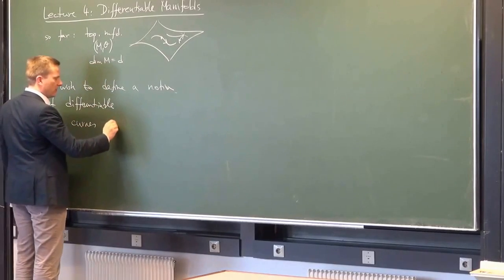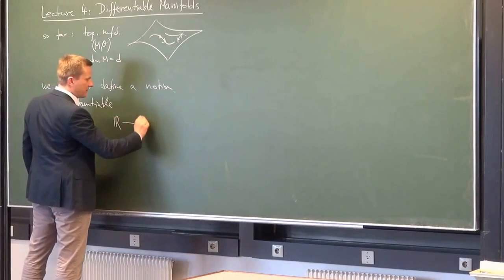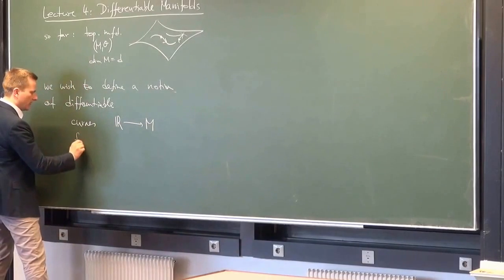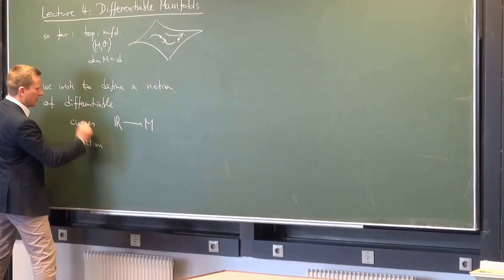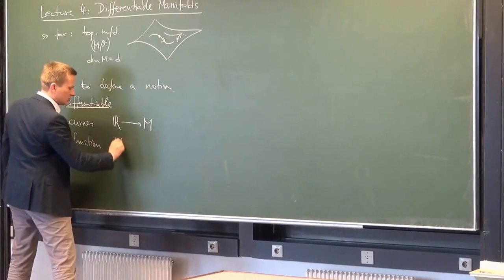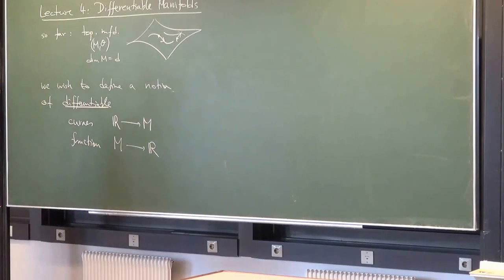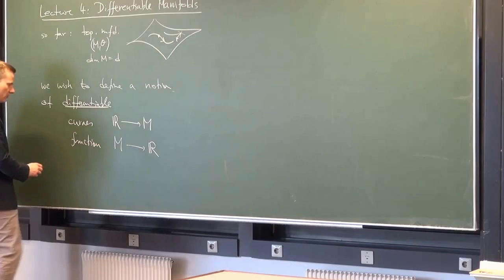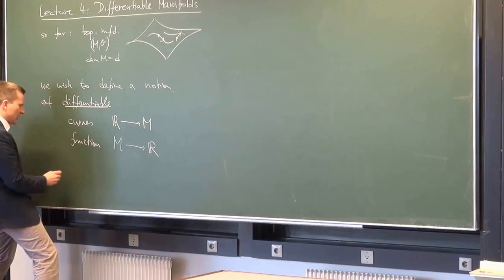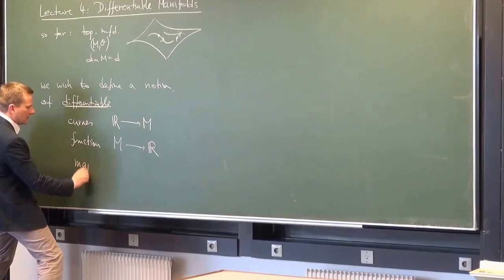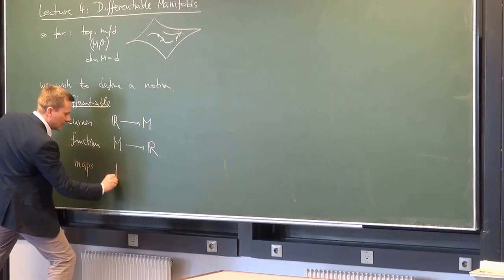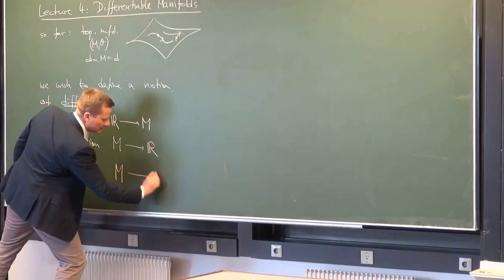What was a curve? Well, on a manifold, a curve is a map from R to M. Differentiable functions, that's just the terminology for a map from the manifold into the real numbers, say a temperature distribution on the manifold, and most generally maps from one manifold to another.